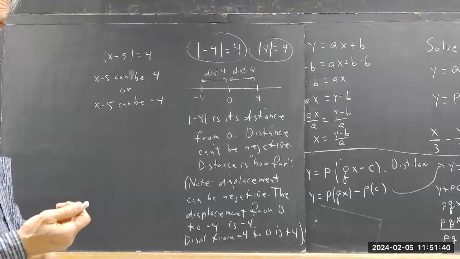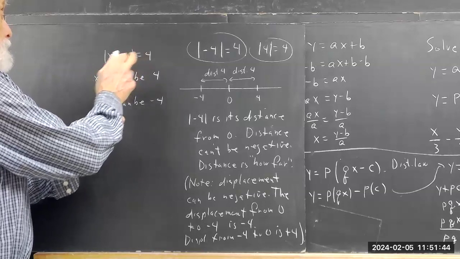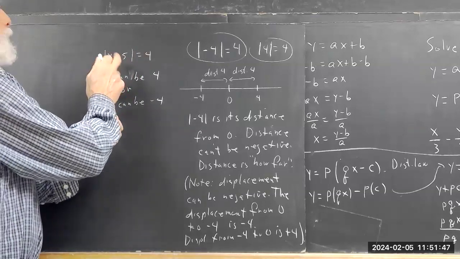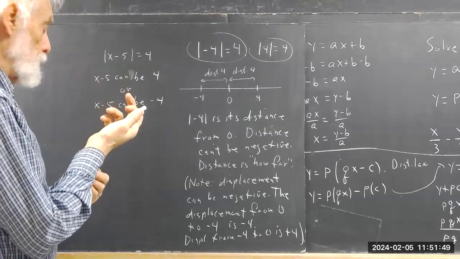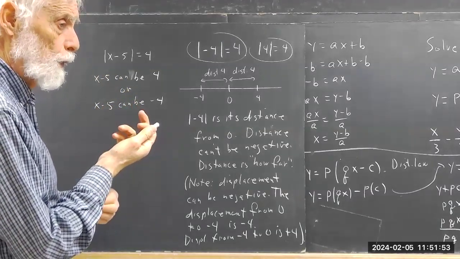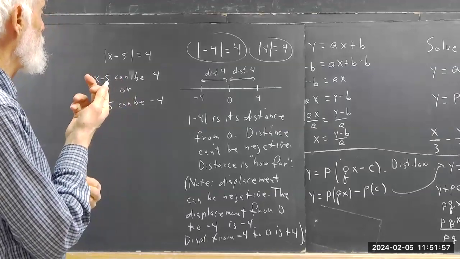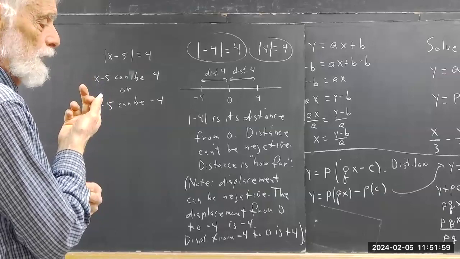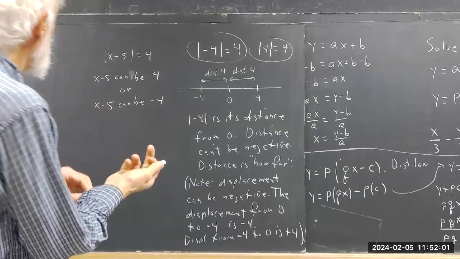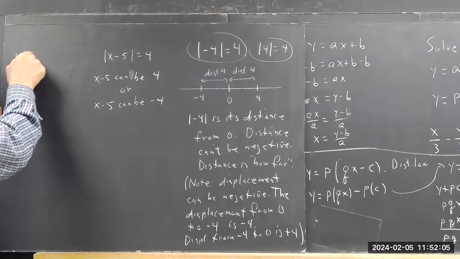Okay? Because whatever's between the absolute value signs has to have an absolute value of 4, so it's got to be either negative 4 or 4. Let's think about this one first, and this is really what I should have started with.